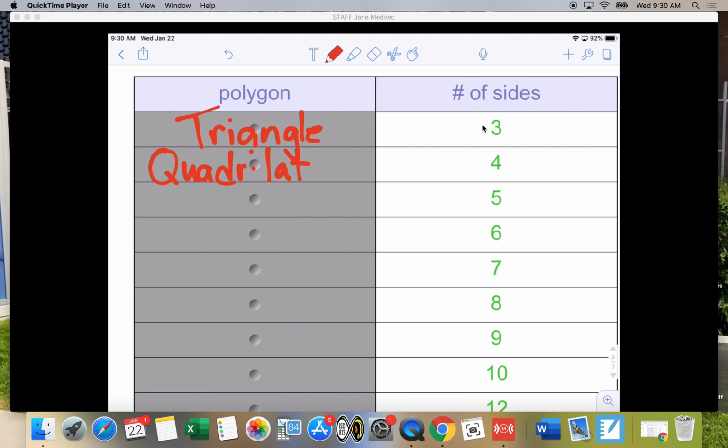Now I'm going to stop for a minute. When I ask for a three-sided figure, sometimes kids will say obtuse triangle, acute triangle, equilateral triangle. Those are all types of triangles. So polygon is like an umbrella. Underneath that umbrella, you've got a triangle.